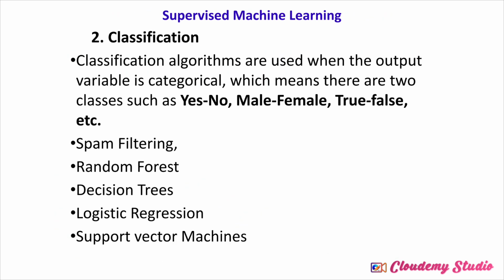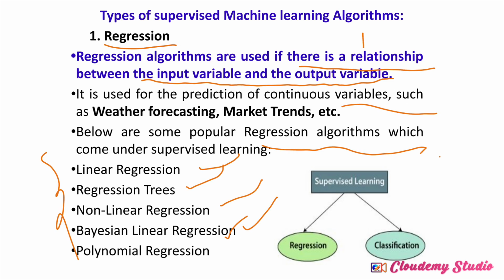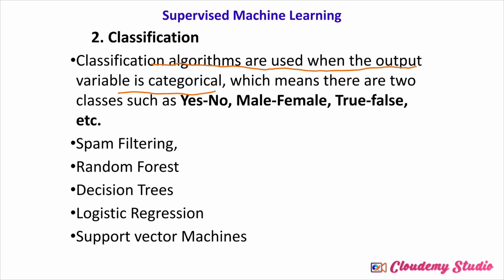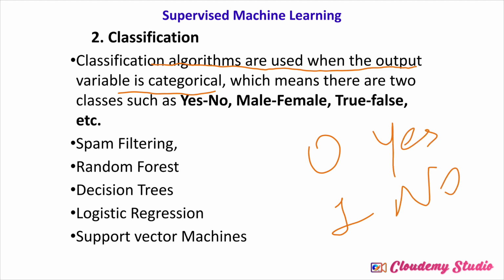And the second is classification. Classification algorithms are used when the output variable is categorical. So in regression we use numerical variables, and in classification we use categorical variables. Categorical means in the range of 0 and 1 or in the form of yes and no. So in classification we use categorical variables, whereas in linear regression we use numerical variables.